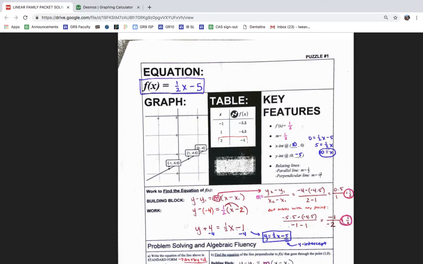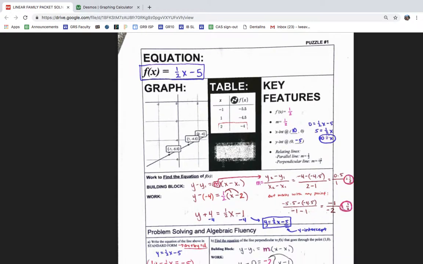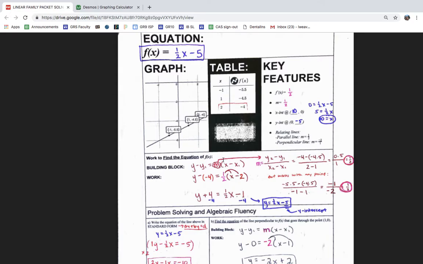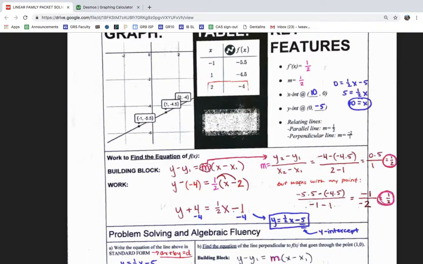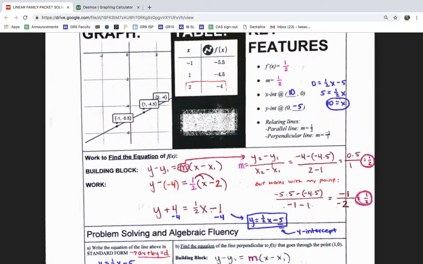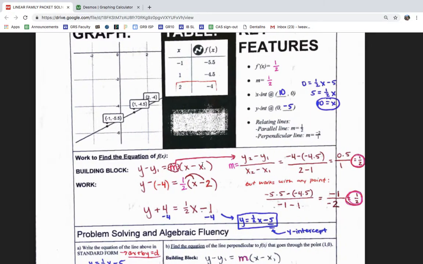What we need to do is build the equation of the line. We have some space to work down here, and this is actually where I started. I found my equation first. I know that I have to start with my building block, y minus y1, a data point, equals m, the slope, parenthesis x minus x1. So I first find my slope, y minus y divided by x minus x.